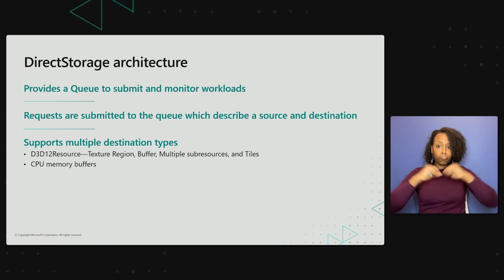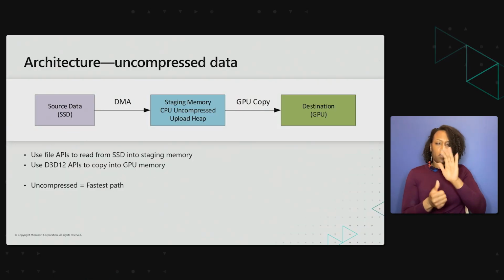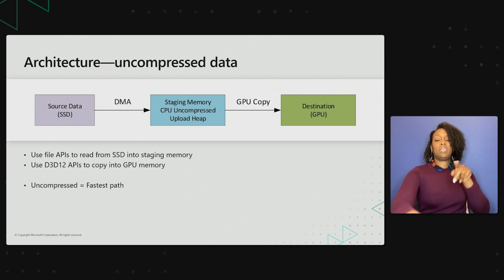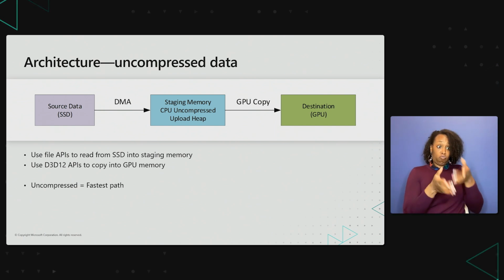So DirectStorage under the covers uses the D3D12 runtime to ensure that the source data we just read from the file is properly copied to the GPU memory in the correct swizzled format for whatever GPU you are targeting.